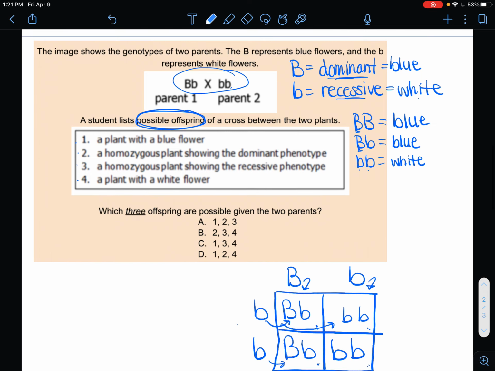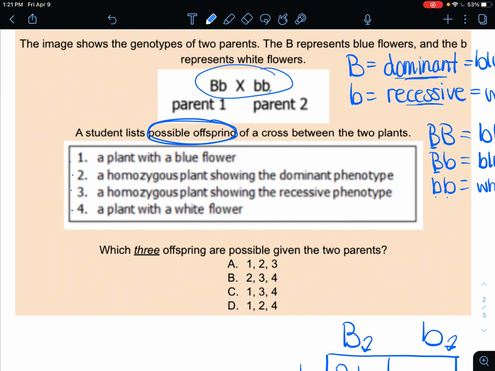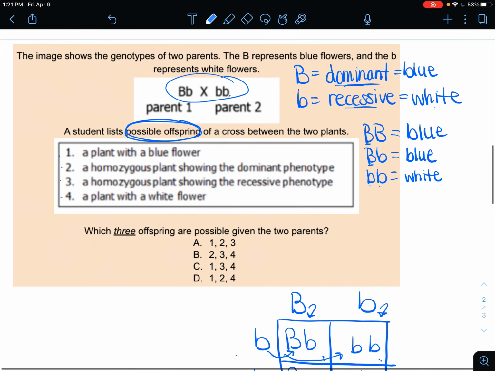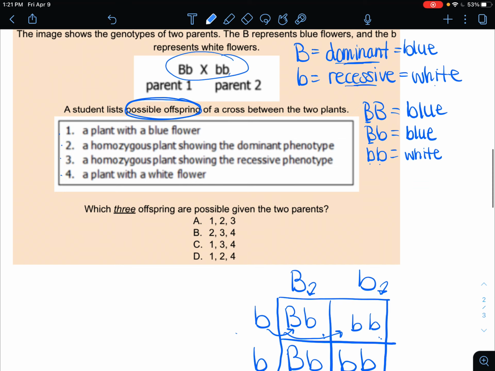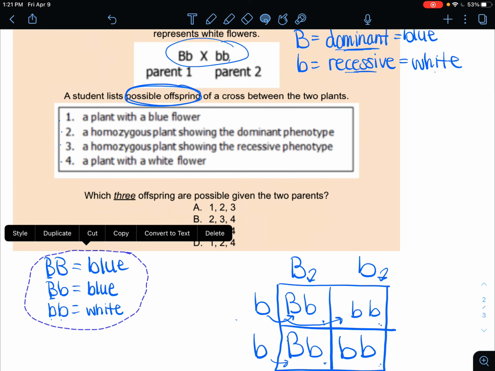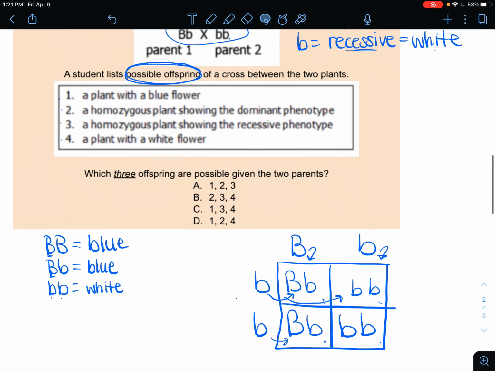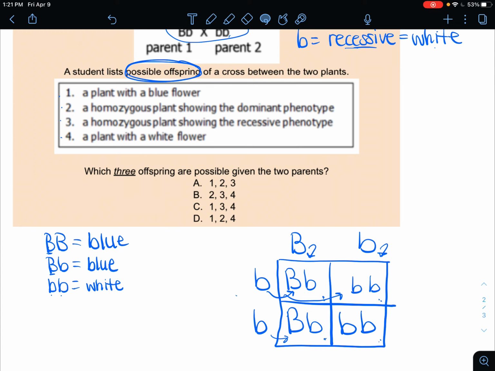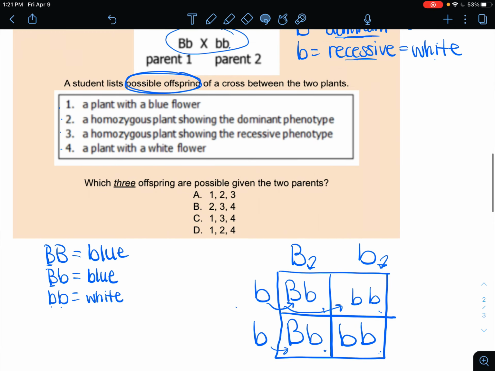Okay, so the very first one says a plant with a blue flower. So if we look, and actually you're gonna see some movie magic right here. Oh my gosh, did you see that? That was amazing. Okay, so if we take a look, we already said if it has the genotype of big B, big B, it's going to be blue.